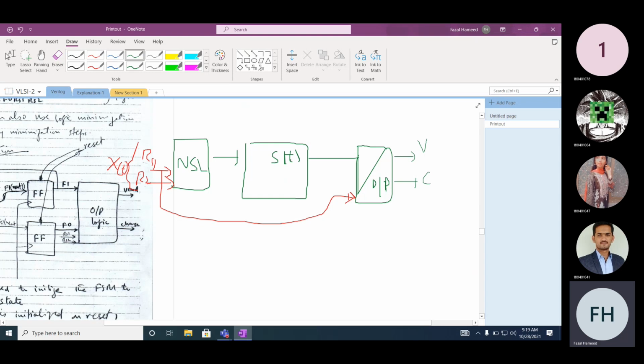In this particular example we have 3 states, so we need 2 flip-flops, F1 and F0. These flip-flops are fed back to the next state logic. So actually this is your st, and now this is st plus 1.